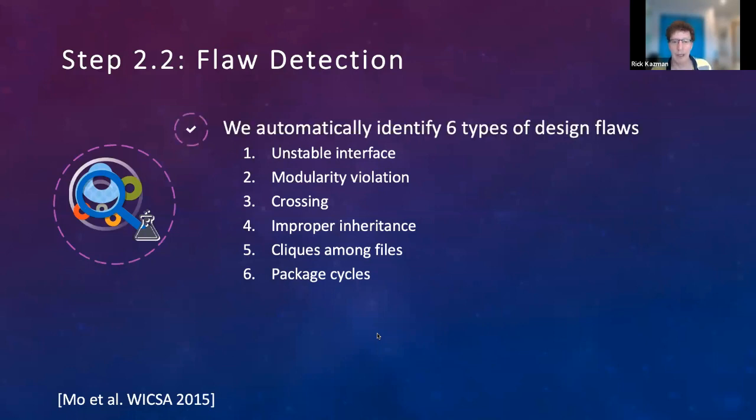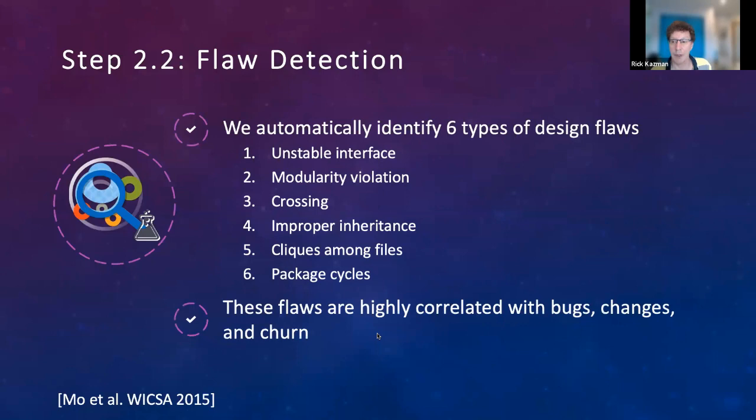So I will talk about these, give you some examples in a minute, but I would just point out that these flaws matter, that they are highly correlated with bugs, changes, and churn. Churn is the number of lines of code that you need to commit when you're making a change or fixing a bug.